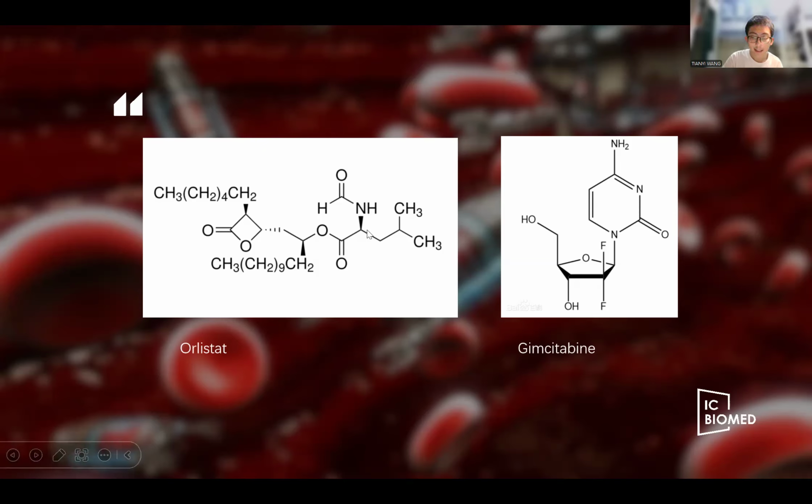The orlistat nanoformulation disrupts tumor lipid metabolism by targeting fatty acid synthesis inhibition, reducing membrane repair capacity and downregulating P-glycoprotein to reverse drug resistance. And gemcitabine induces genotoxicity by interfering with DNA synthesis.